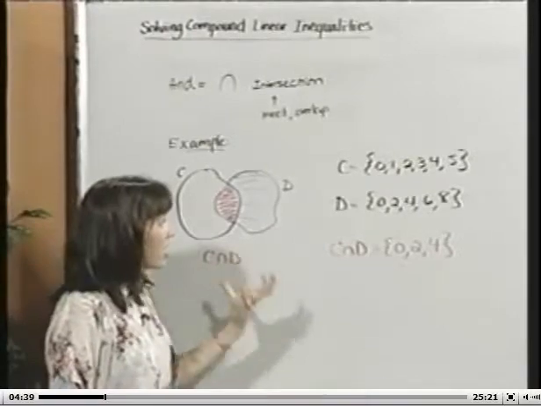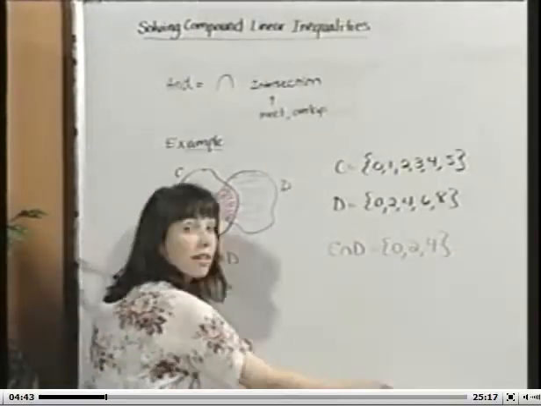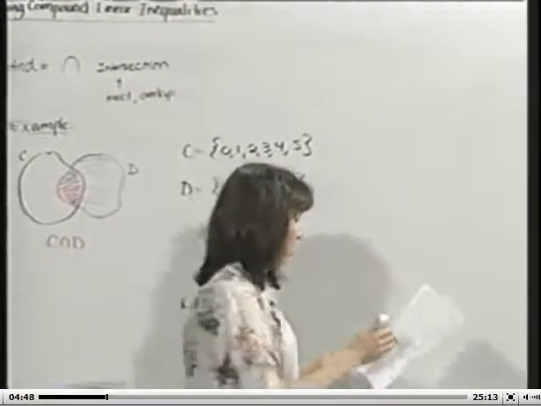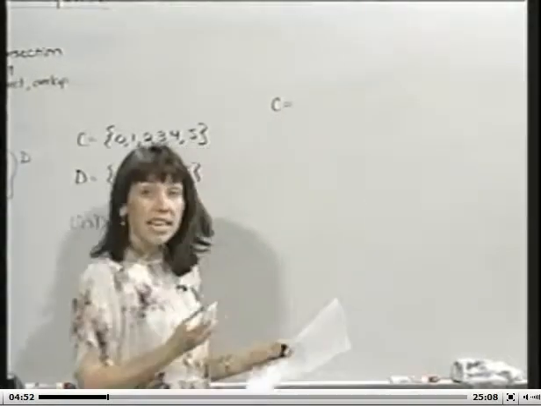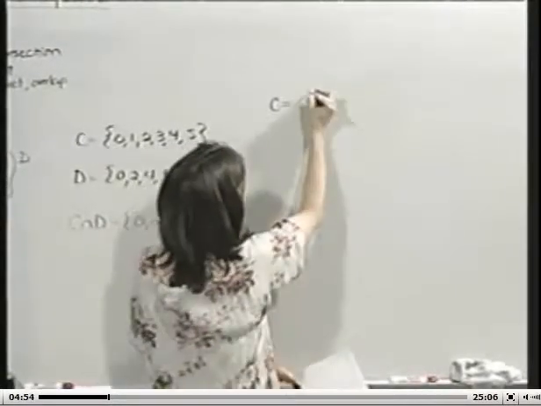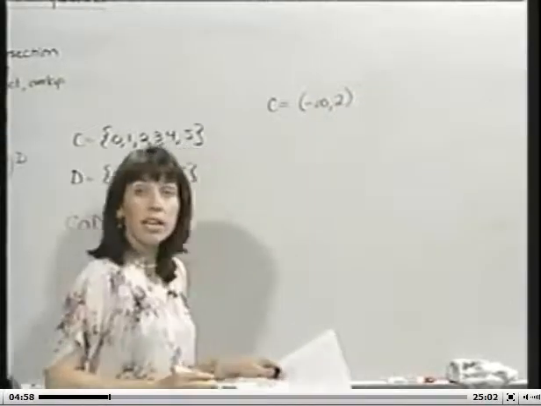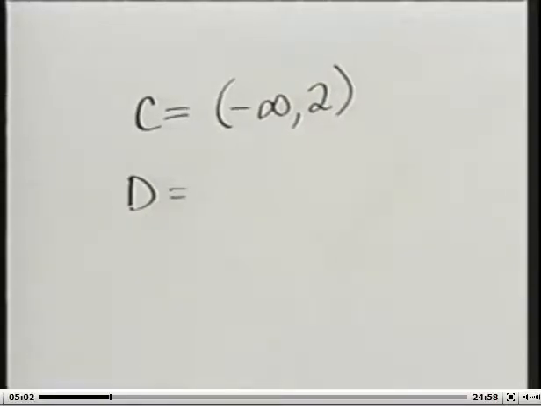So now, how does this apply to our inequalities? Well, let's take two intervals and see the intersection of these intervals. Let C be the interval negative infinity to 2, and let D be the interval negative 3 to infinity.